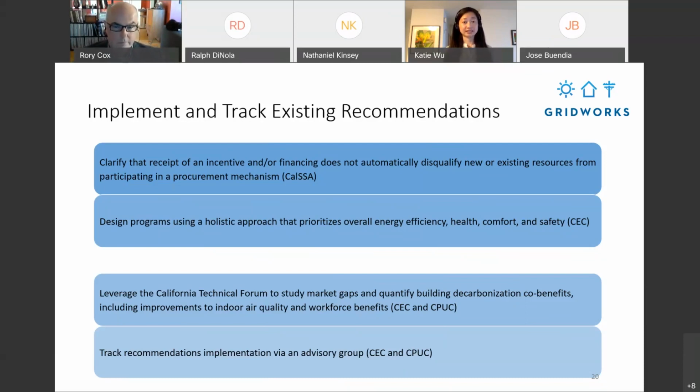In the 2019 Energy Efficiency Action Plan, the CEC and CPUC recommend leveraging the California Technical Forum to study market gaps and quantifying building decarbonization co-benefits, which can also help to clarify the value stream. And in that same publication, the CEC and CPUC recommend tracking recommendations implementation through an advisory group, again, just to keep everyone accountable, make sure things are transparent and equitable. Next slide, please.